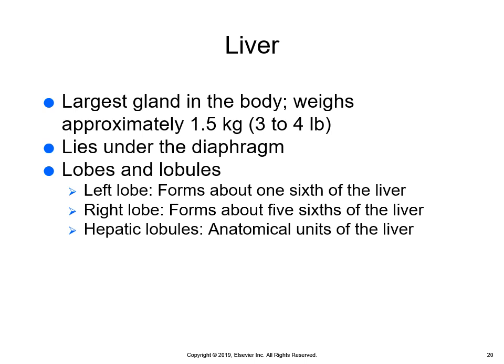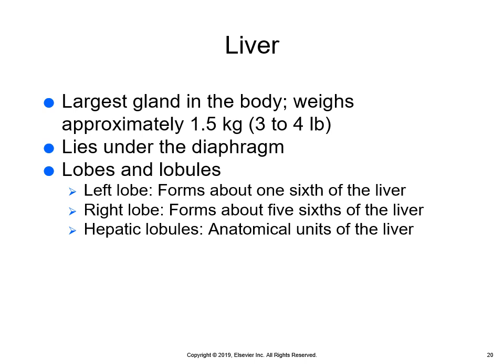And the left lobe, which is the smaller lobe, forms about 1/6 of the liver. The right lobe is further divided into what we call a caudate lobe near the inferior vena cava, and also the quadrate lobe, which is near the gallbladder.